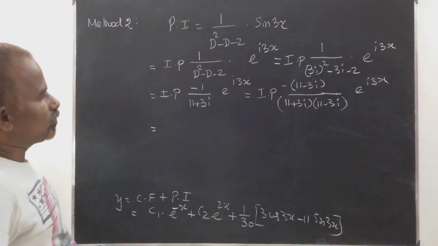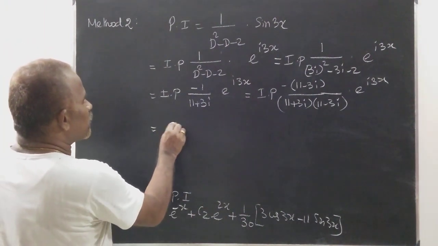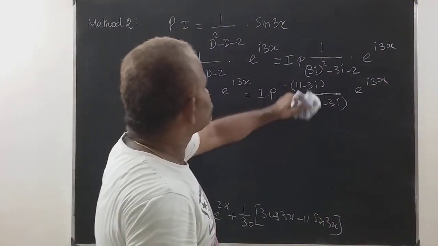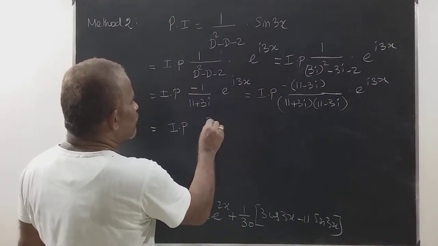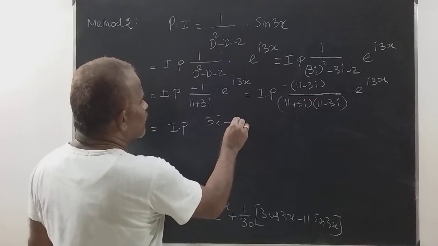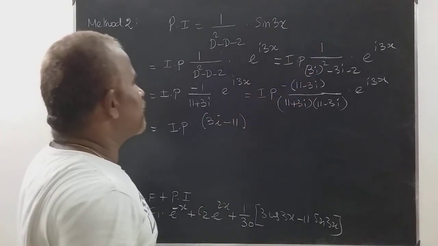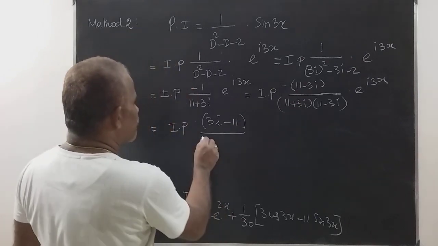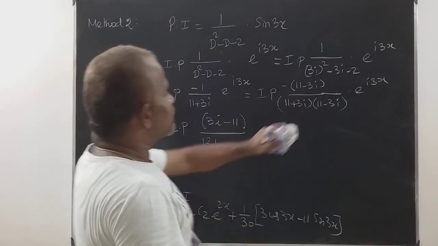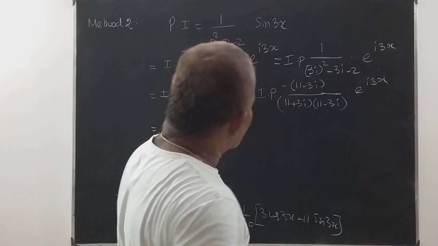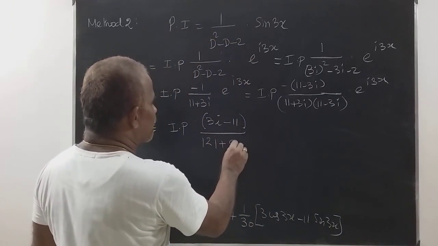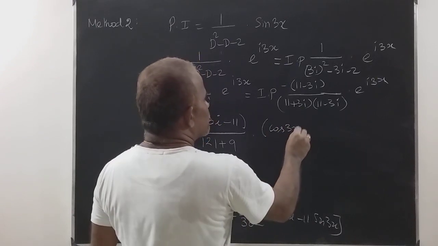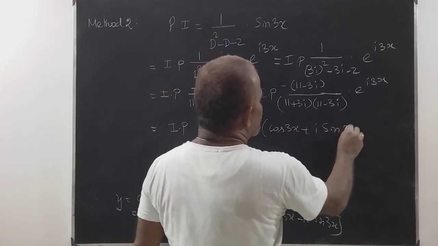again which is equal to imaginary part of (11 minus 3i) divided by a squared minus b squared, 121 minus i squared, which is equal to 121 plus 9, into e power i3x, which is equal to cos 3x plus i sin 3x.